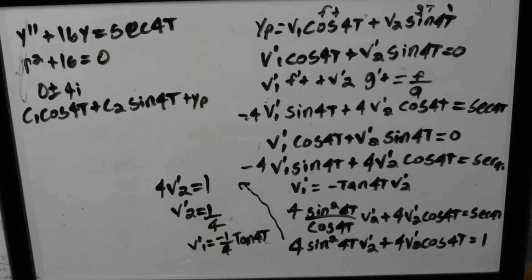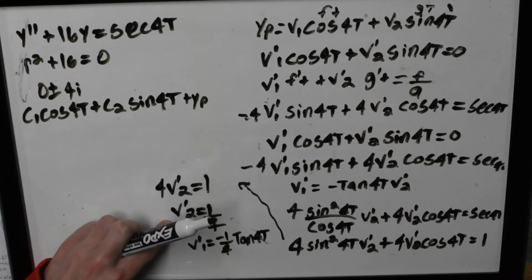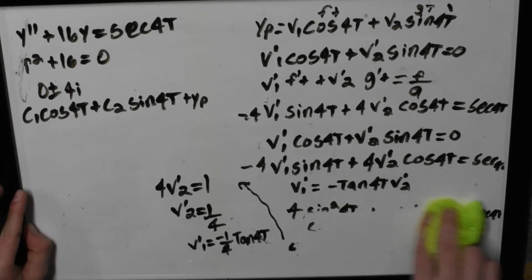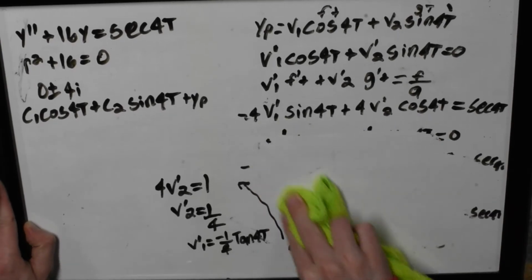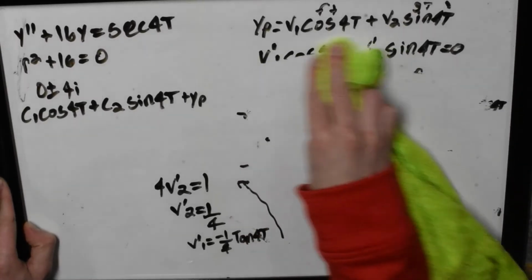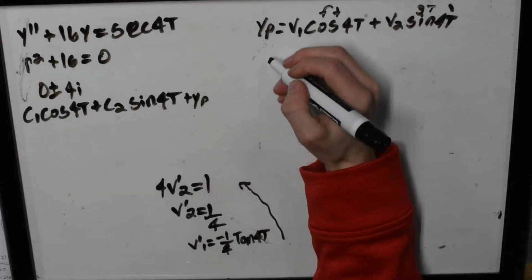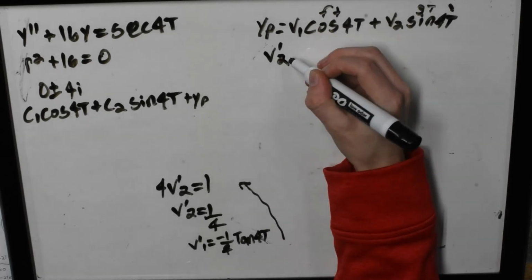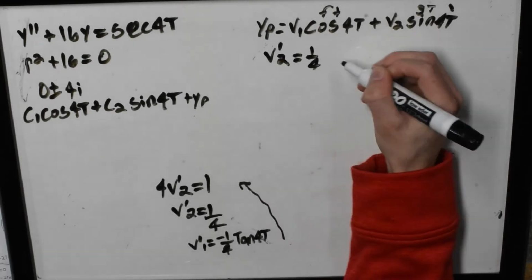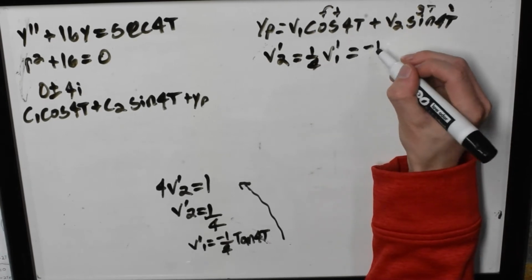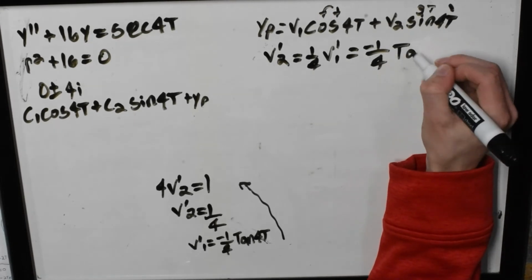Okay, so now what? Well, we've got to plug them into this formula for the particular solution, but we only have v prime 2 and v prime 1. So we're actually going to have to take some integrals to solve for v1 and v2. So let's do that up here. v prime 2 is equal to 1/4, and v prime 1 is equal to negative 1/4 tangent 4t.